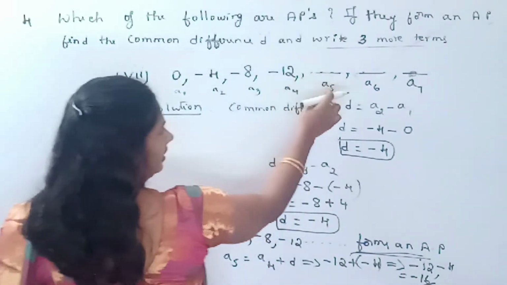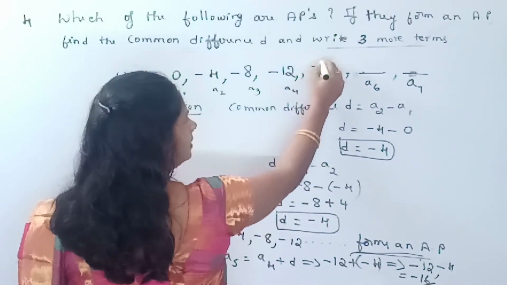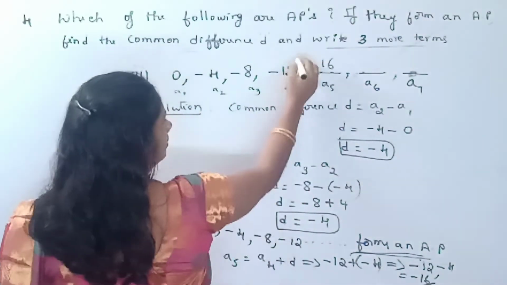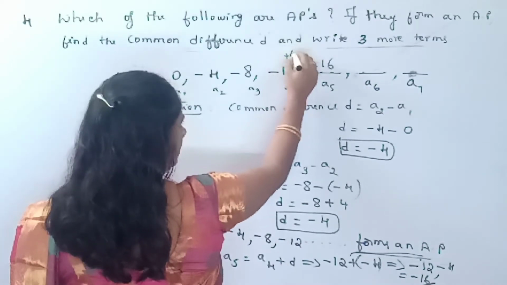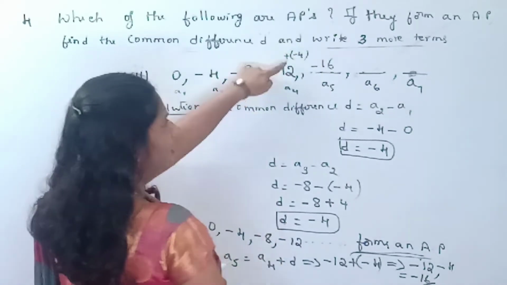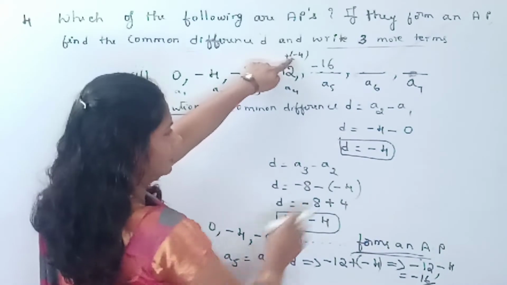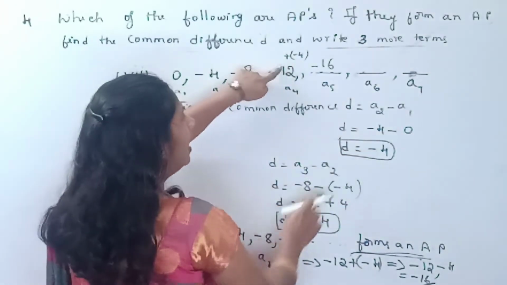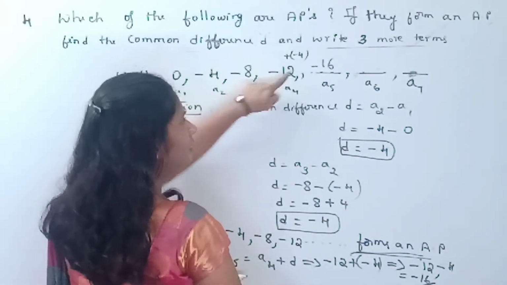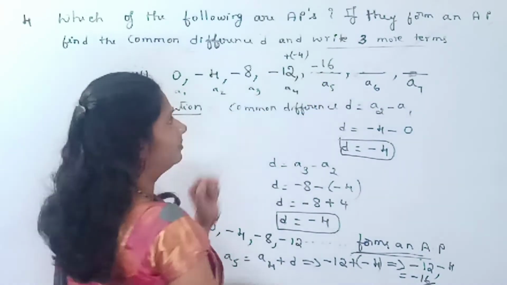So what will be my next term? 5th term, it is -16. If you add the common difference -4. Add the common difference to the 4th term, you will be getting 5th term, isn't it?